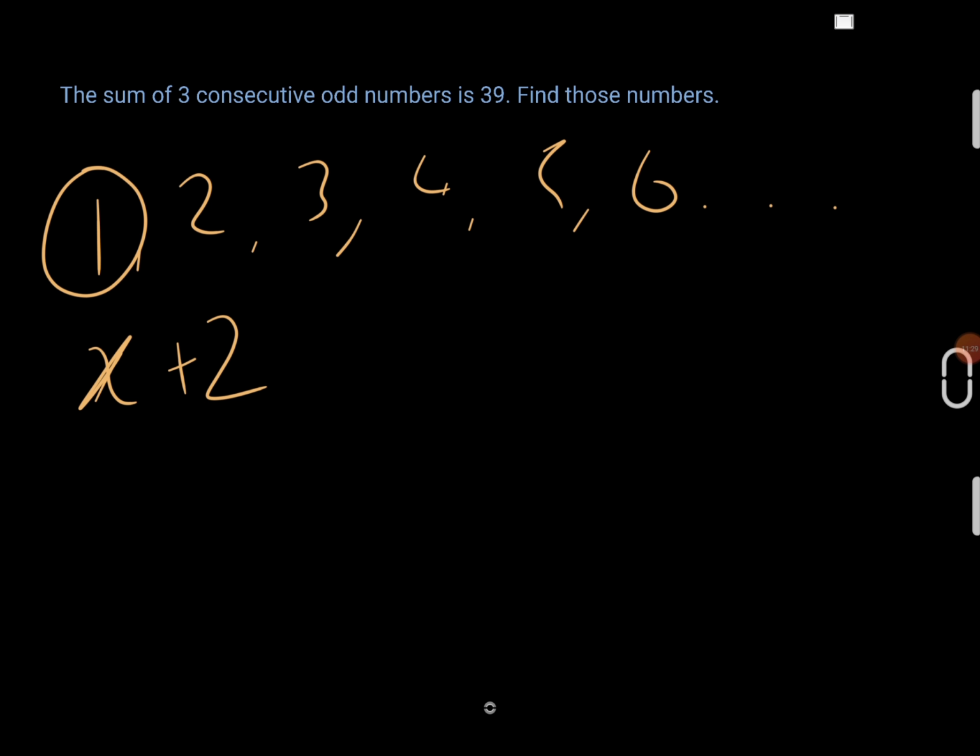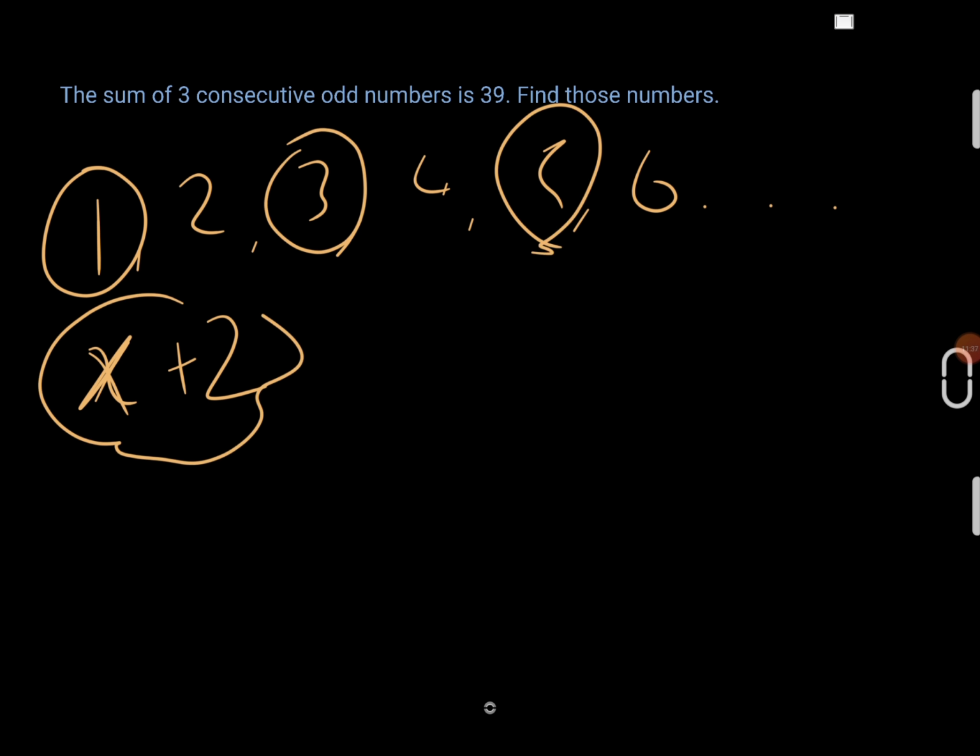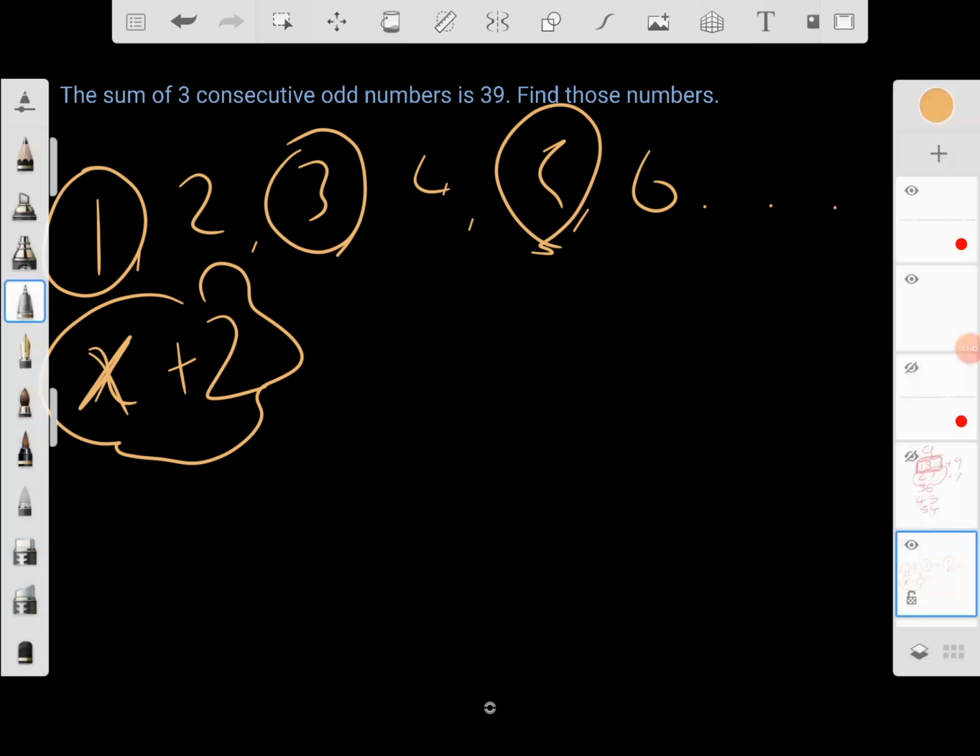And if x is 3, then the next will be x plus 2, because 3 plus 2 will be 5. So whatever number I have, if I add a 2 to it, I keep getting the next odd number. I hope that much is understood. So using this concept, let us do this.